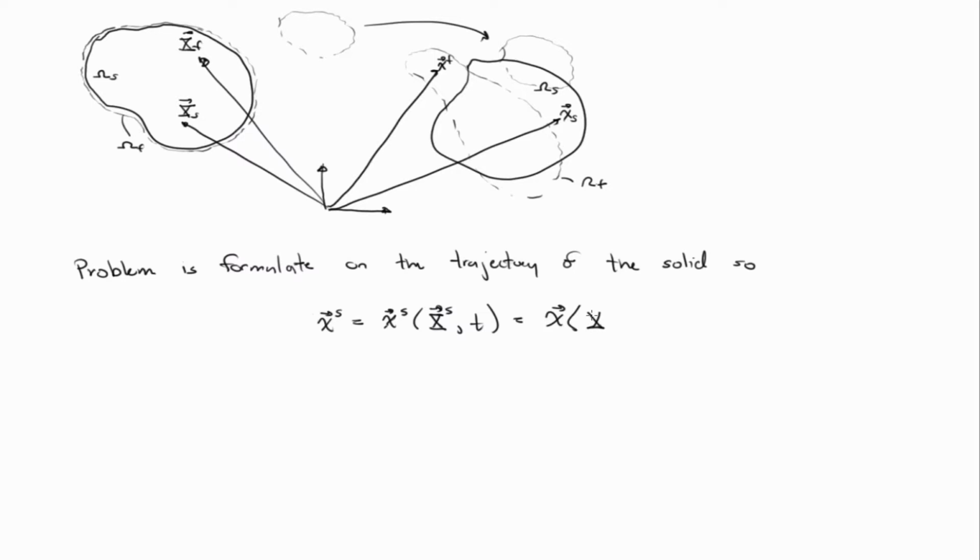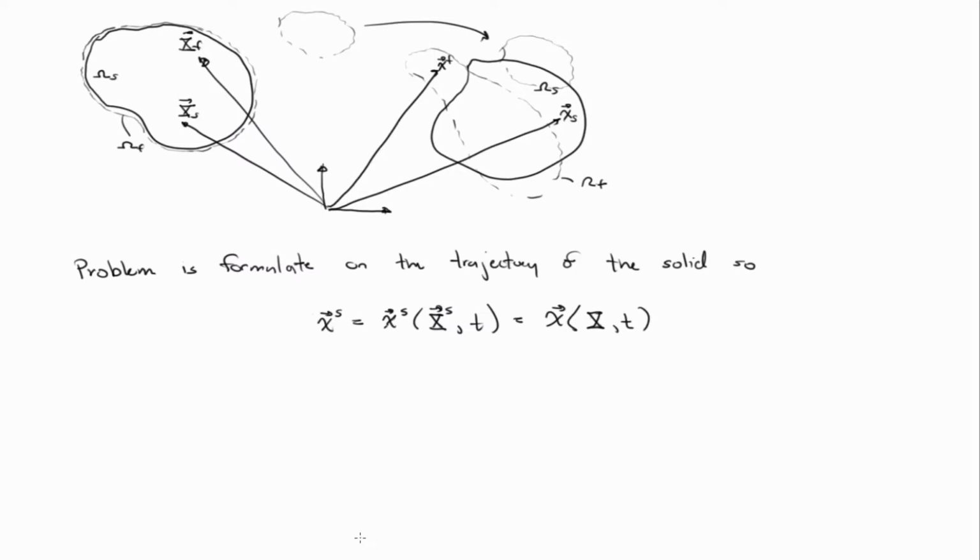So we're just going to drop the superscripts on the solid. So anytime you see big X or little x like this, we're talking about the trajectory of the solid. And this is also due to the fact that solids are most naturally, or conveniently, represented with respect to the reference configuration, and fluids are conveniently represented with respect to the current configuration, okay?